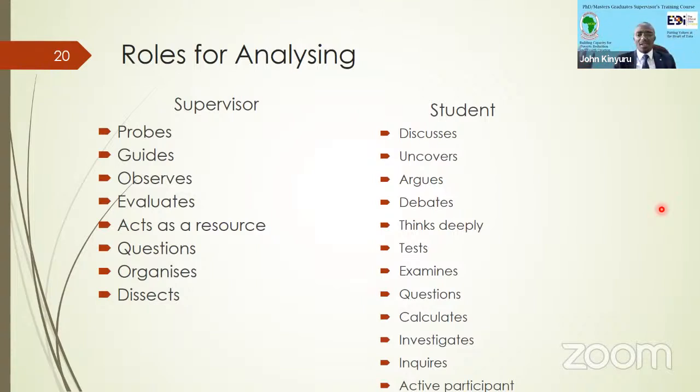What is different? You want them to dissect why something happens in a certain area. The student, on the other hand, is expected to discuss with you or with peers. You want them to uncover issues, uncover practices, uncover a new way of working of a certain experiment.